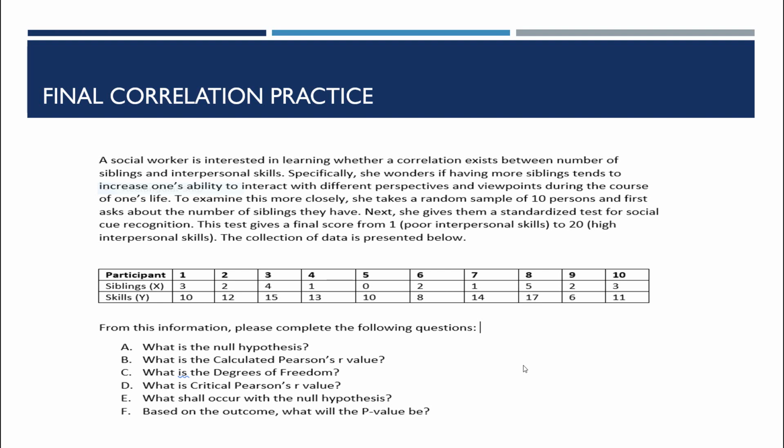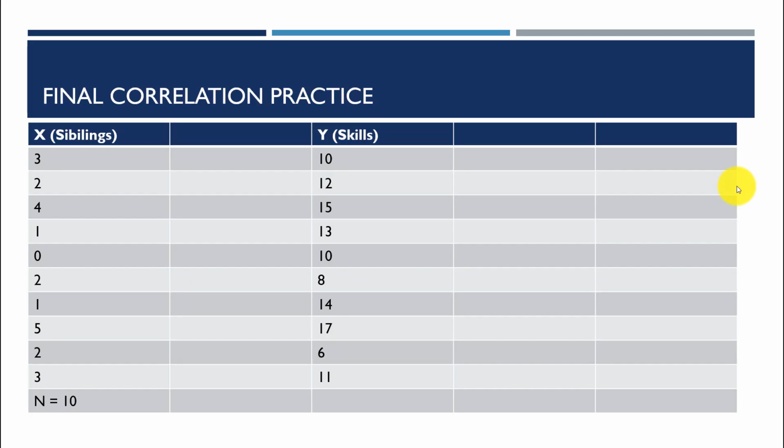See if you can set it up and move through, keeping in mind that I'm wondering what you found to be the null hypothesis, calculated Pearson's R value, and so on. When we get back together in a moment, I'm going to go through what I found, and you can compare your answers. Okay, returning now to the setup for the data points for our final correlation practice.